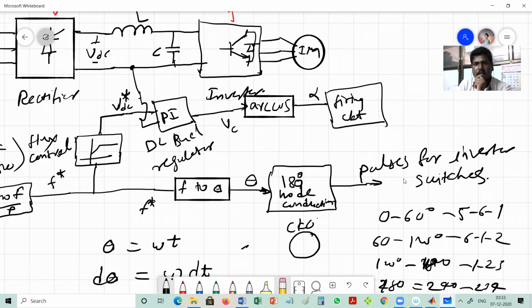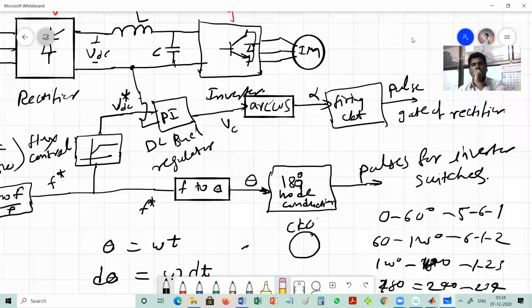The firing circuit will generate pulses, which will be given to the gate terminals of the thyristors in the rectifier. This is how this practical control algorithm works.